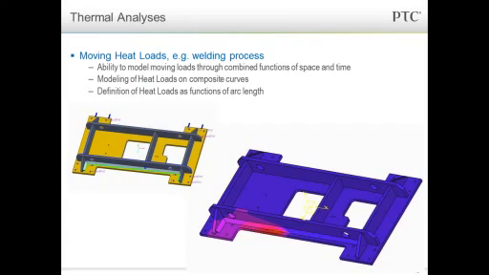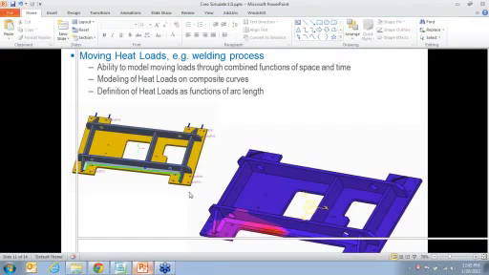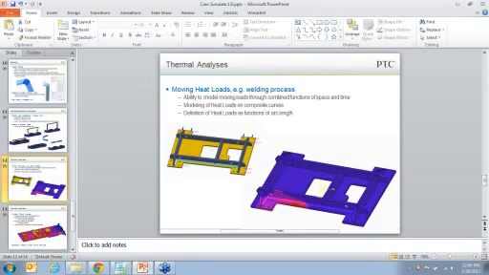These are the two enhancements that will help you simulate a weld process. So when you're moving from, say, this location in that way, you can see how as you pass, you see the temperature distribution in the rest of your geometry. Okay, so that is another enhancement that we will be talking about.